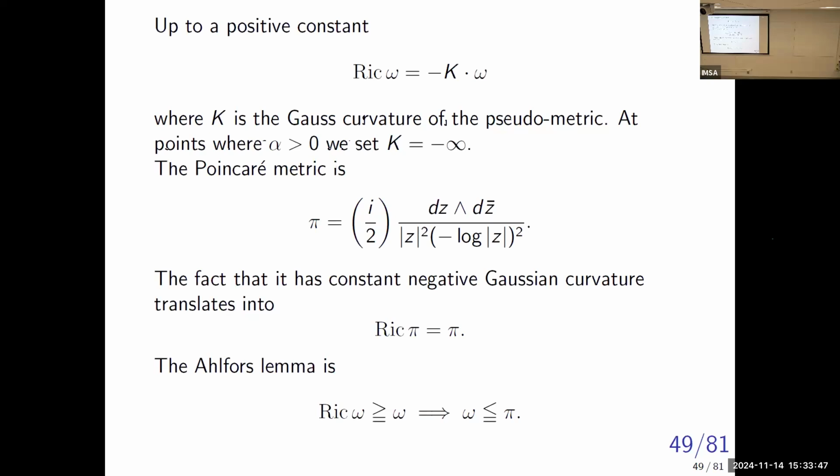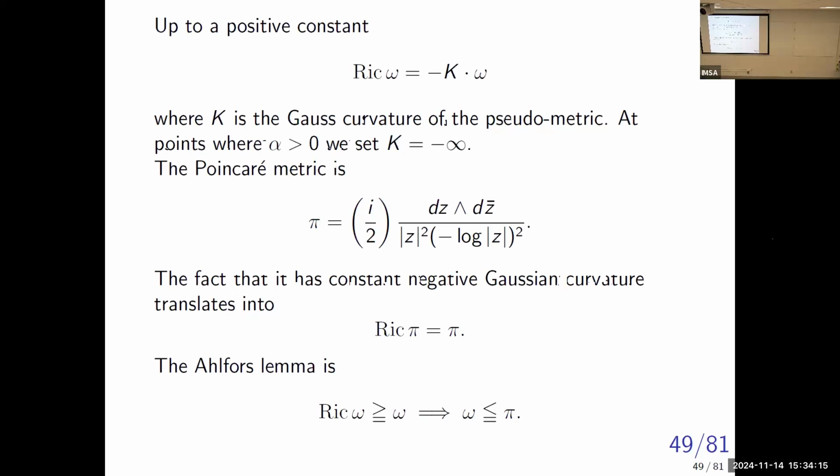The Ahlfors-Schwarz lemma says that if you have an omega whose curvature is less or equal to minus 1, so that's any Hermitian metric on the disk, a (1,1)-form, whose Gauss curvature is less or equal to minus 1, then the form itself is underneath the Poincare metric.